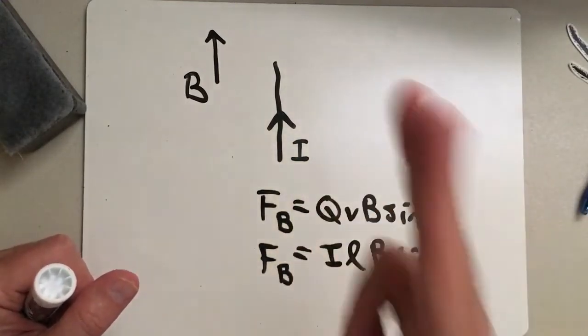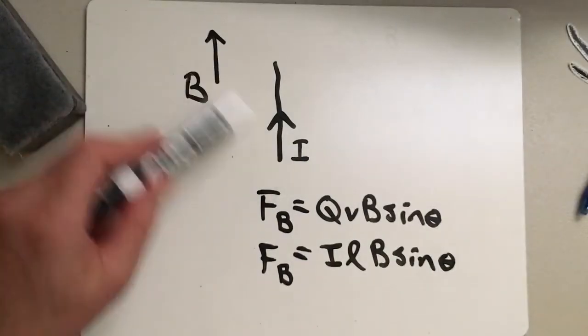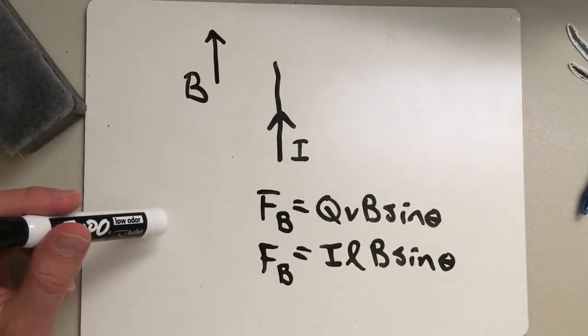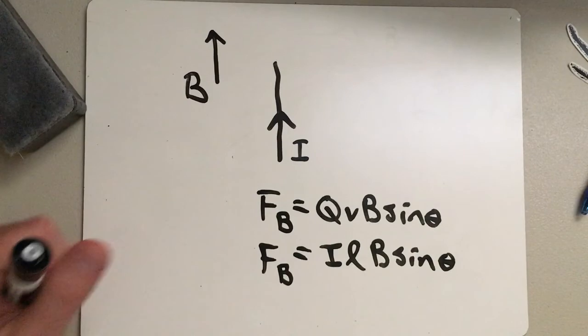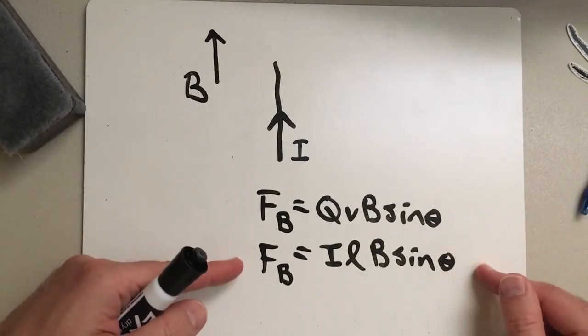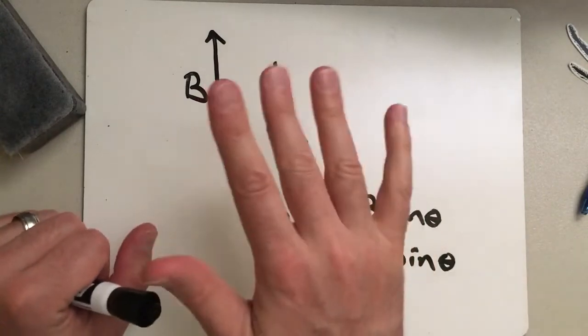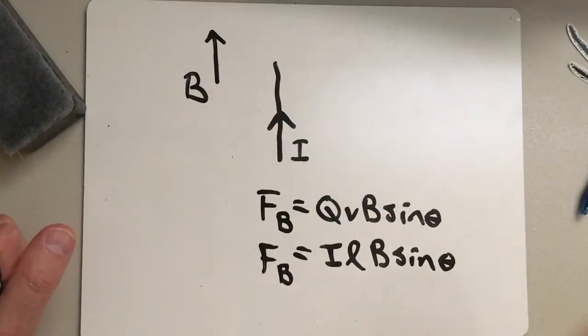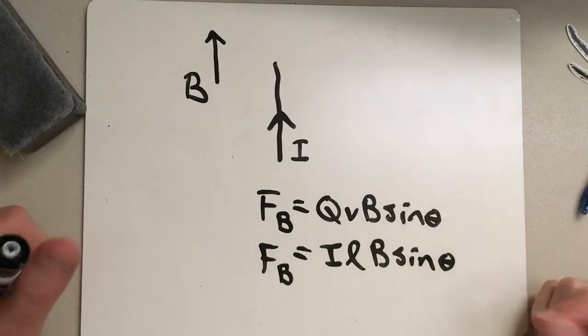No, the force is zero. You need to recognize that if they are parallel or anti-parallel, there's not going to be a force. That goes for both the charge case and the current case. You need to recognize that. The right-hand rule is not going to tell you that. You need to know it ahead of time.